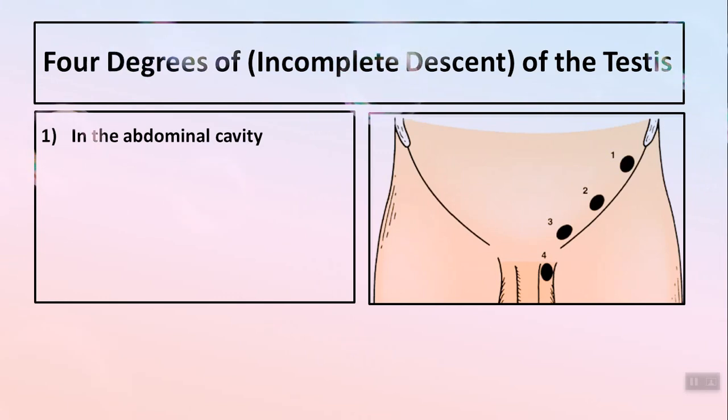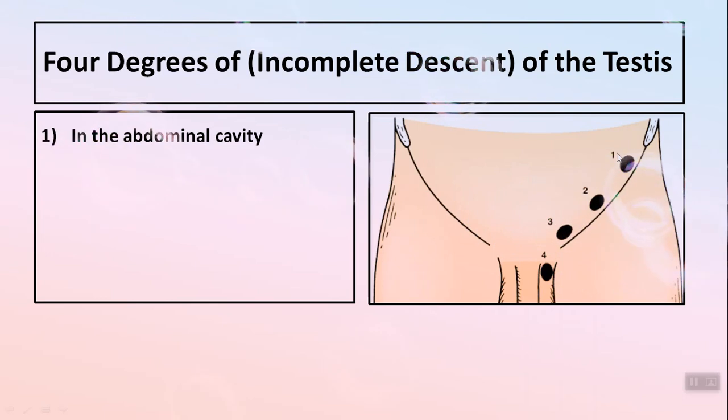Here we have an abnormal condition when the testis doesn't descend to its normal position in the scrotum; it might be trapped anywhere during its course of descent. We call it four degrees of incomplete descent, عدم نزول غير كامل للتستس.